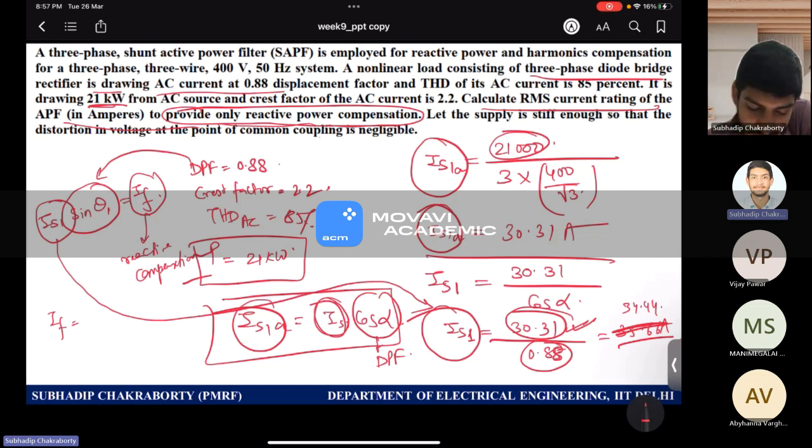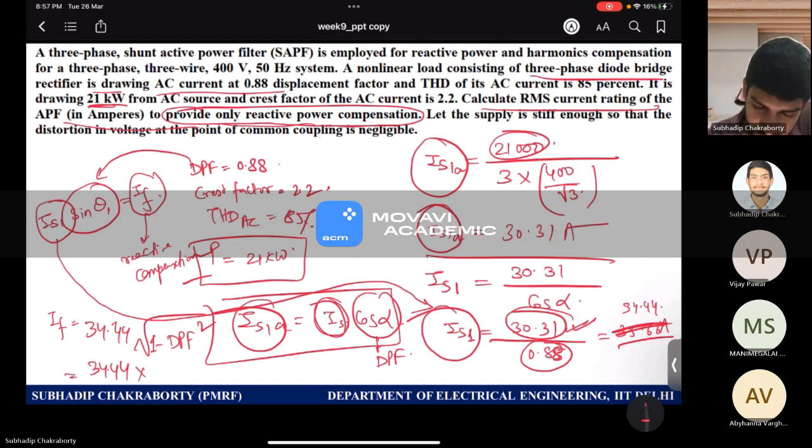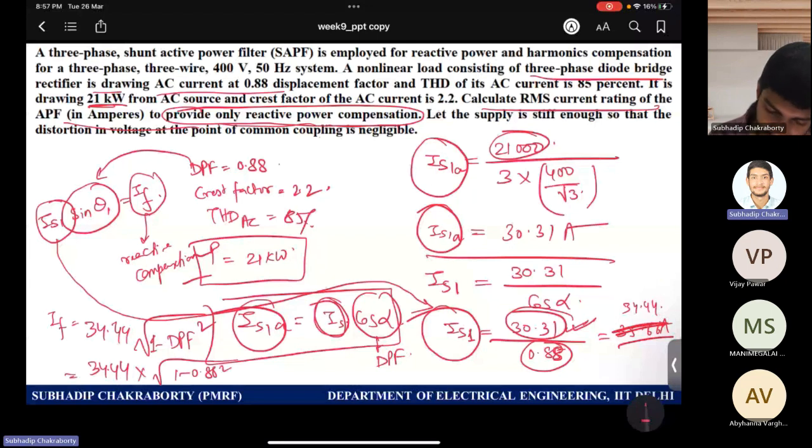Actual IS1 is 34.44 times the square root of 1 minus displacement power factor squared, because cos of theta is the displacement power factor. So sine of theta is the square root of 1 minus displacement power factor squared. So 1 minus 0.88 squared, right? What is coming? Just see, 16.36 amps. So IF, the filter rating current, is 16.36 amps.